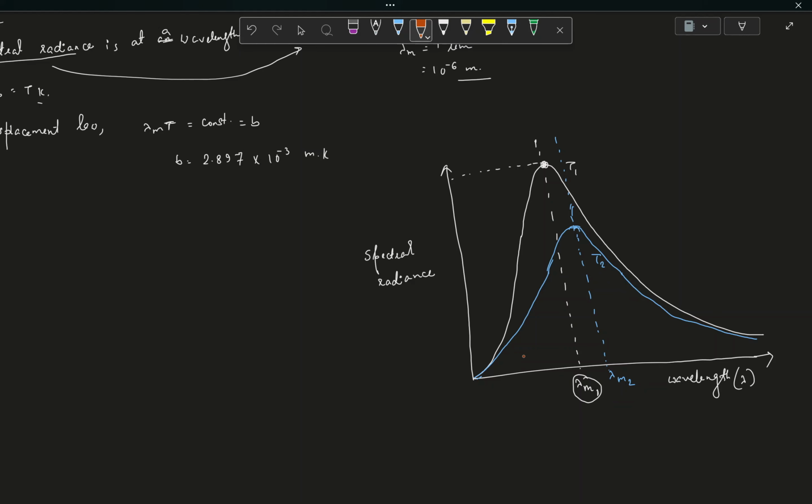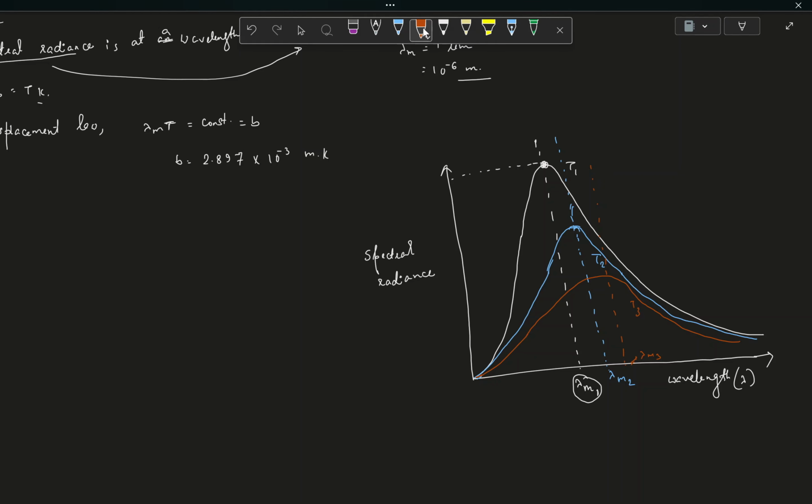The third one I'm drawing now with red. These are just different colors to identify the temperatures differently. And here also through the peak we draw a line which will be at lambda m3, and the temperature is T3.